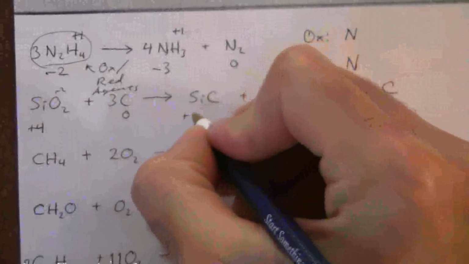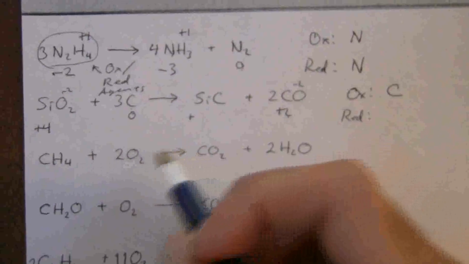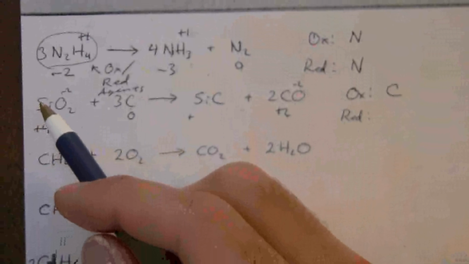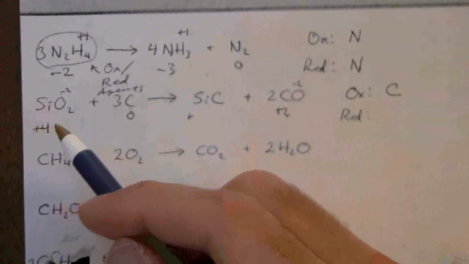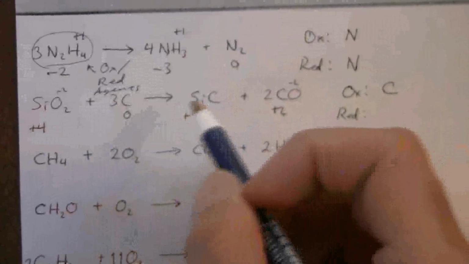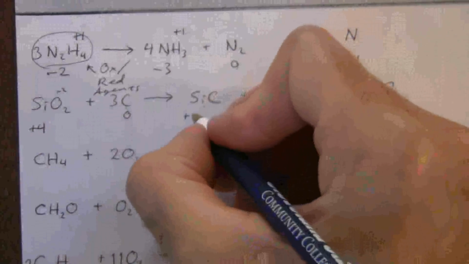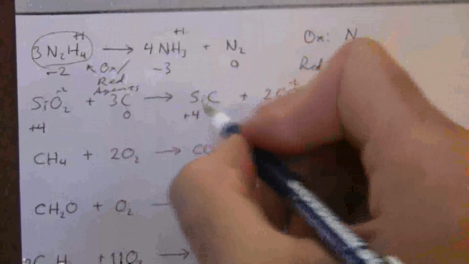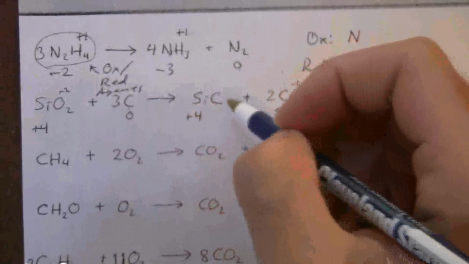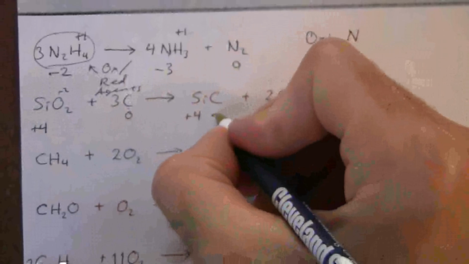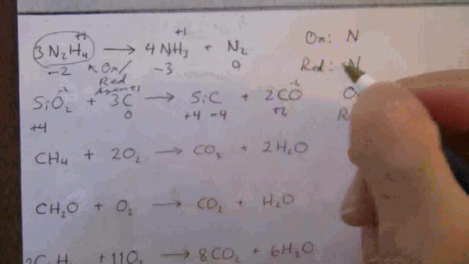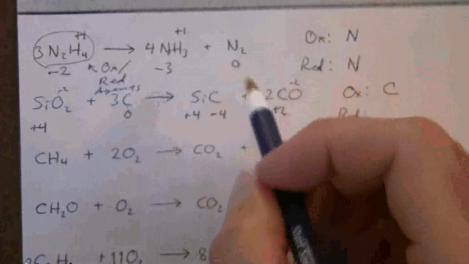And I think that would be our best way to look at this. The only other option would be for the silicon to go from, you know, I mean, we really don't have any other reference for silicon. What should carbon be other than, you know, leaving silicon at that +4 and making the carbon a -4, okay?